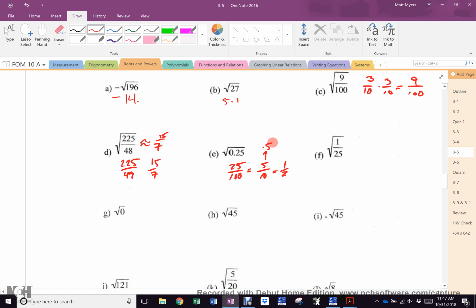No. Because 0.5 times 0.5 is 25 with 2 decimal places: 0.25. Also, 1/2 times 1/2 is 1/4. 1 times 1 is 1, 2 times 2 is 4, and 1/4 is 0.25.